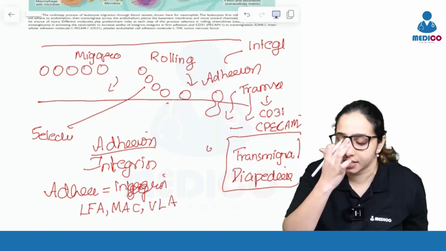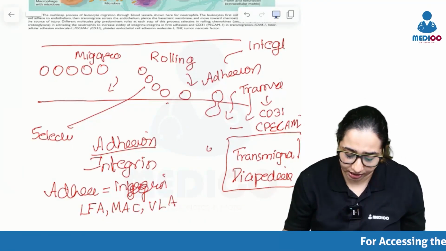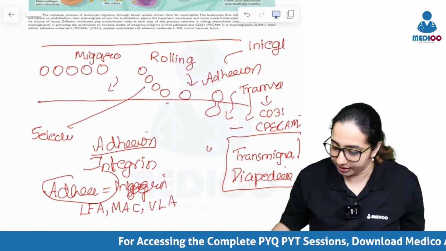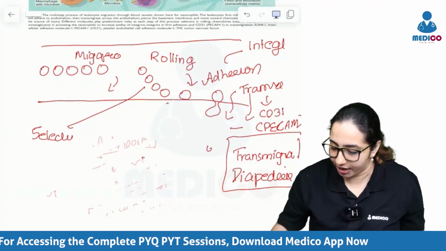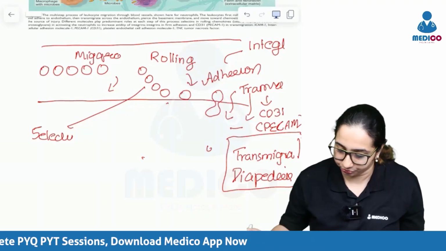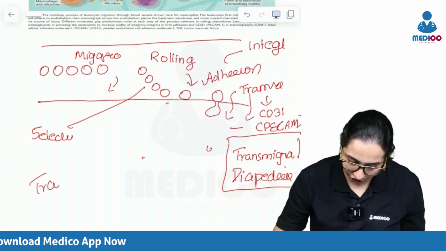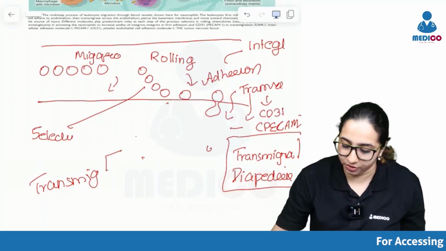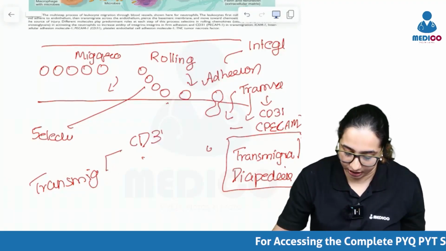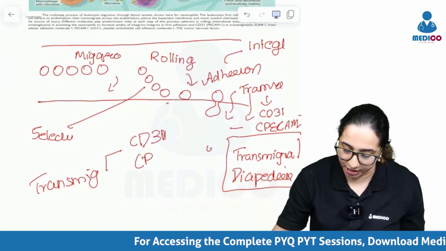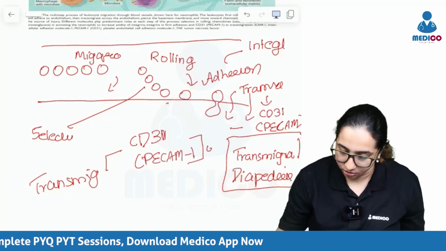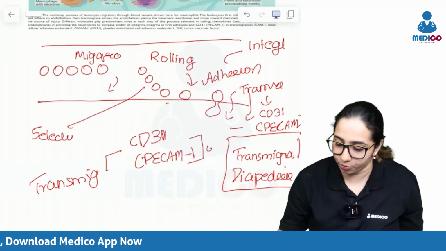All of this is concerned with adhesion. And thirdly, you have transmigration. The particle responsible is CD31. It is also known as PECAM1, PCAM1. Okay, I hope this is clear.